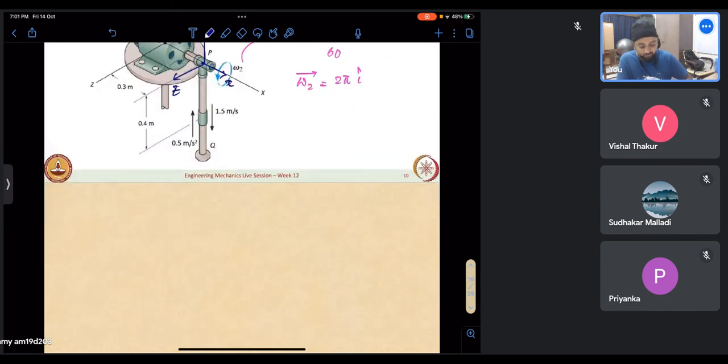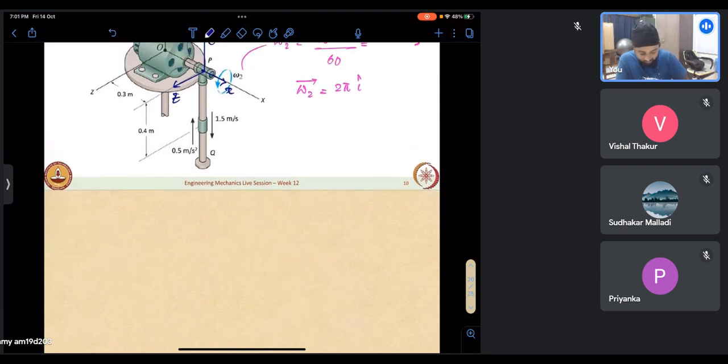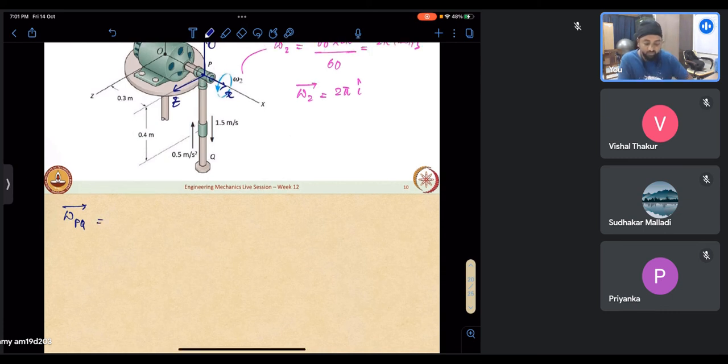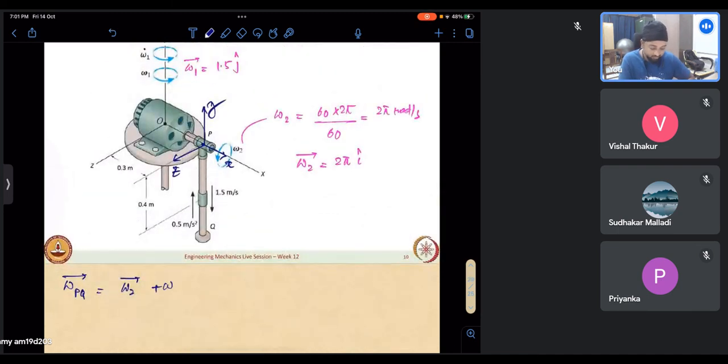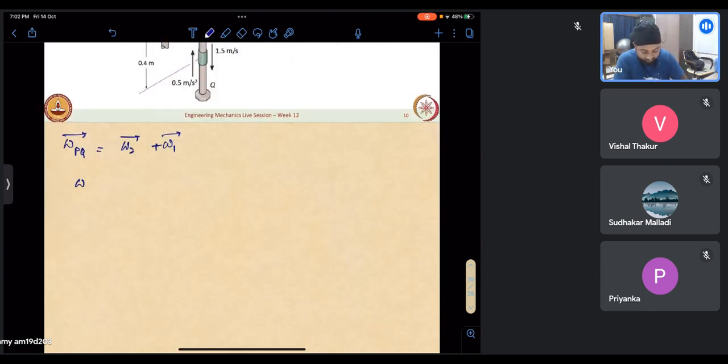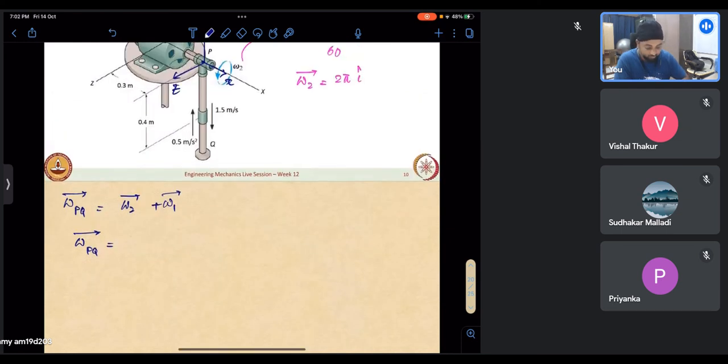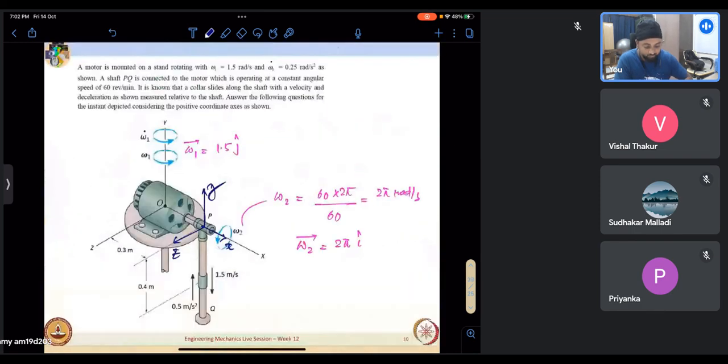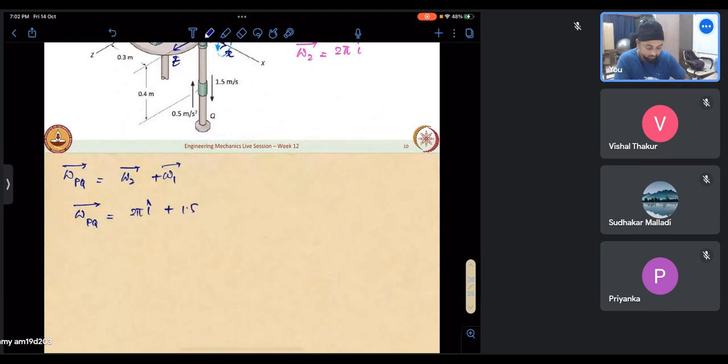So first, considering shaft PQ, omega PQ, if the table was not rotating, omega PQ would have been just omega 2. But since the table is also rotating, we need to account for that also. So it is omega 2 plus omega 1. So our omega PQ is nothing but 2 pi I cap plus 1.5 J cap.